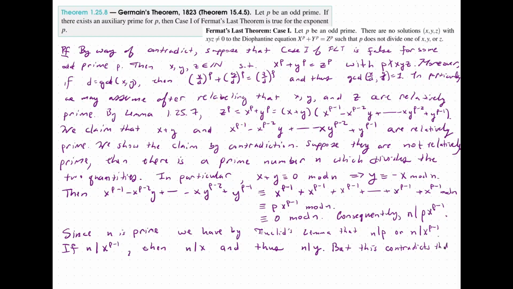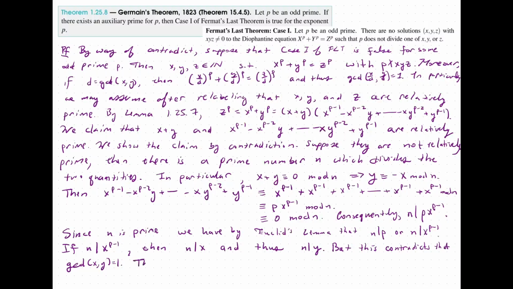So this contradicts that x and y are relatively prime, because after our relabeling, we were able to assume that x, y, and z are relatively prime. So we are able to eliminate this situation. And so what we end up getting is that n has to divide p.